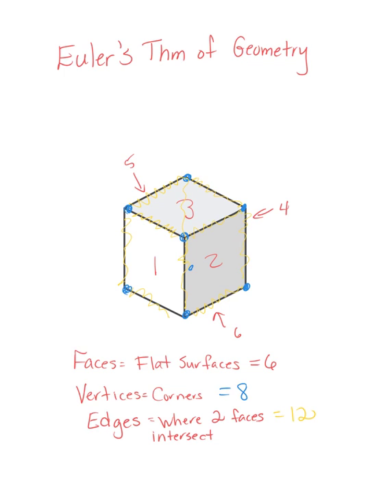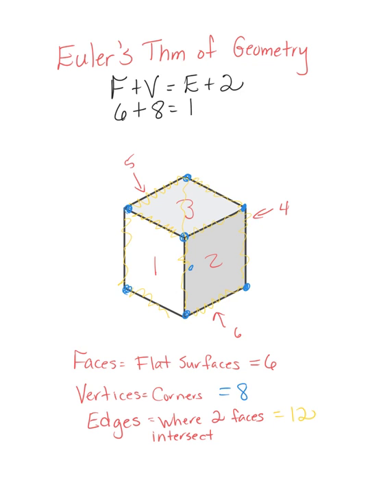One thing that Euler saw is that if you add the number of faces and the number of vertices, you will always get the number of edges plus 2. Okay, so let's see if that works here. My faces of the cube is 6. My vertices, we have 8.